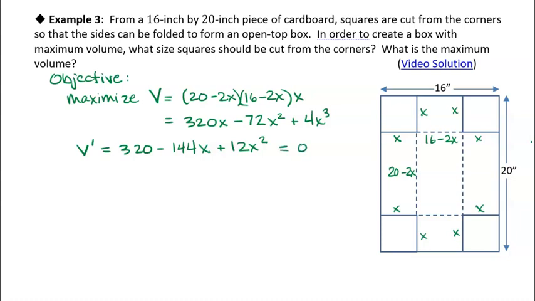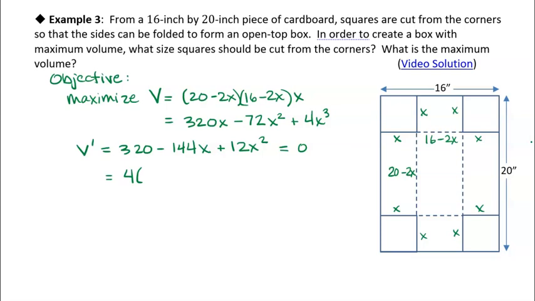But I either need to factor this or use the quadratic formula. I think it would be easier either way if I factor out the greatest common factor, just to make smaller numbers. This is 4 times 80 is 320, so it looks like the biggest thing I can factor out is a 4.